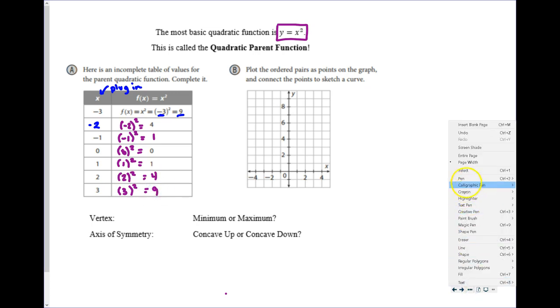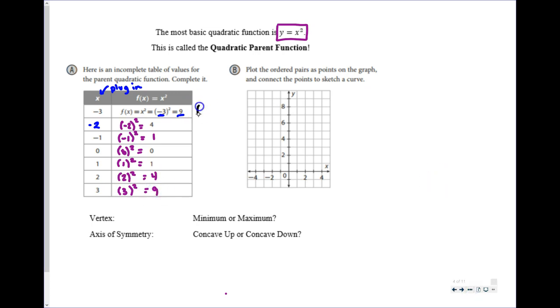And if we take these points we've just found and set them as coordinates, -3, 9, -2, 4, -1, 1, 0, 0, 1, 1, 2, 4, and 3, 9. These points right here form your parent function.